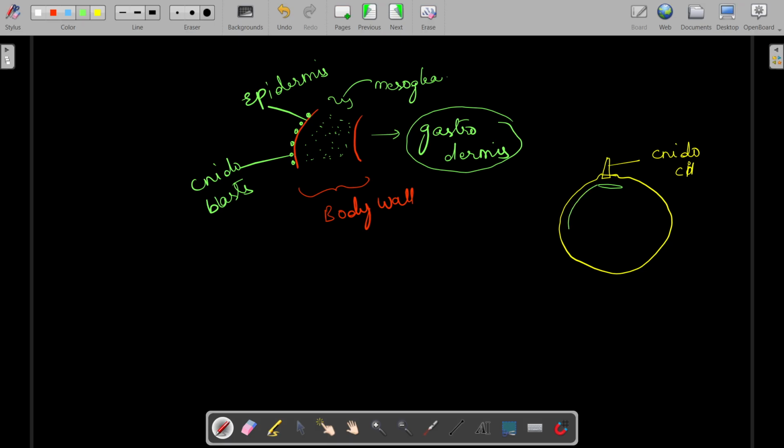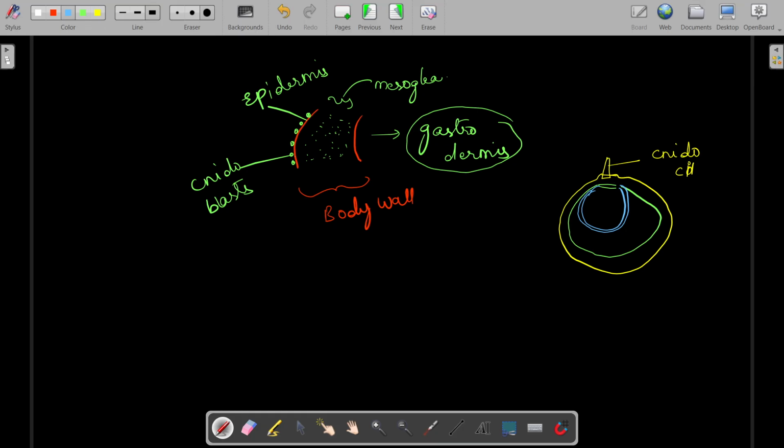The nematocyst lies within the cnidoblast or cnidocyte cell. So this complete structure is called an undischarged cnidoblast. This is the cnidoblast cell.